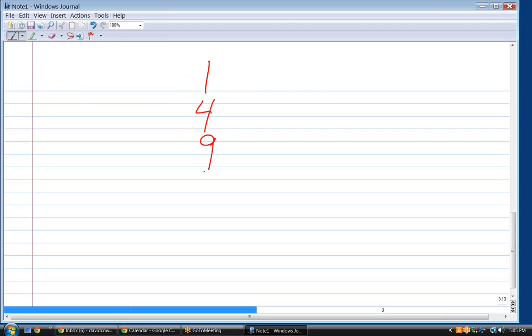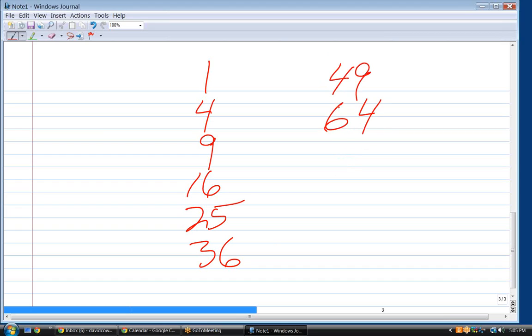What's next? 16. Keep going. That's as far as we went in class. There's 5 squared. There's 6 squared. There's 7 squared. There's 8 squared. There's 9 squared. There's 10 squared.